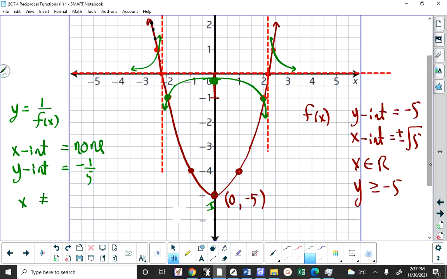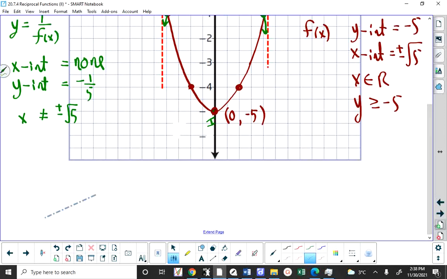On the green function, -1 for x does have a point. I'm talking about x coordinates here. Yeah. Plus or minus root 5. So where the x-intercepts were now become not allowed.